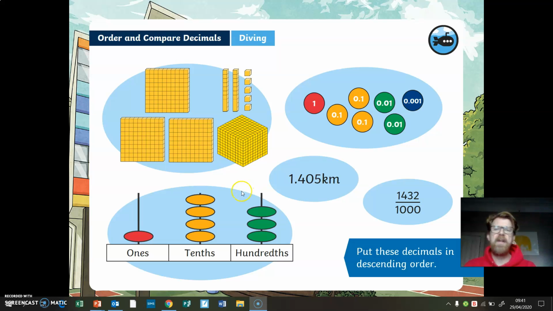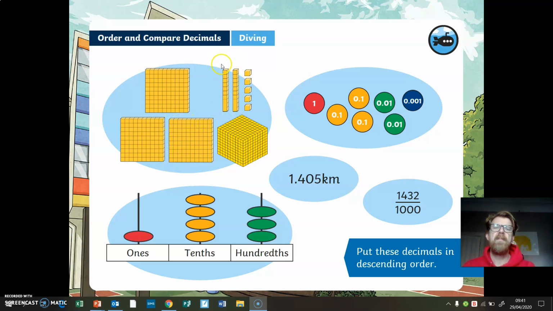So in no particular order, I'm going to go through each of these to see if we can work out what the numbers are. So over here, this top one, we have this block of thousandths, there's 1,000 little tiny blocks in there. If we put 1,000 tiny blocks together, we end up with 1. So that is 1. If that is 1, and there are 10 by 10s, these must be tenths.